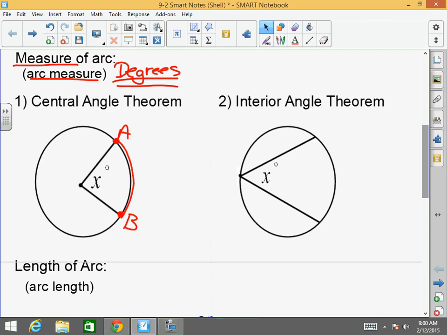And the central angle theorem states that the measure of an arc is equal to the central angle. So if this central angle is 30 degrees, the measure of this arc is also 30 degrees. Huge on the SAT here.